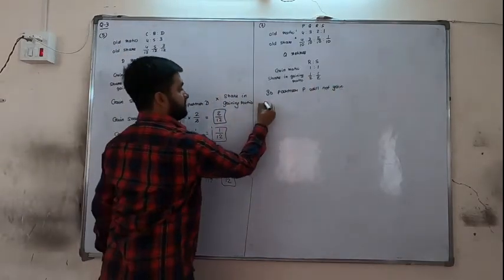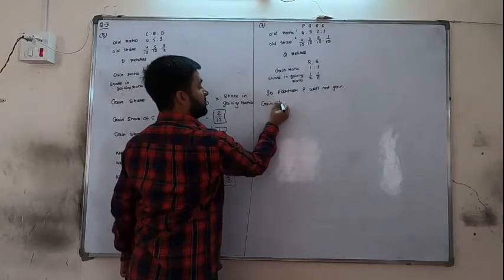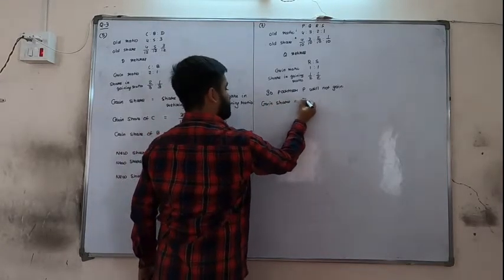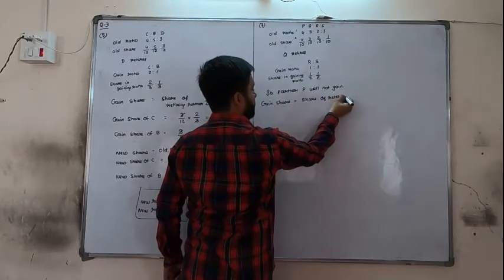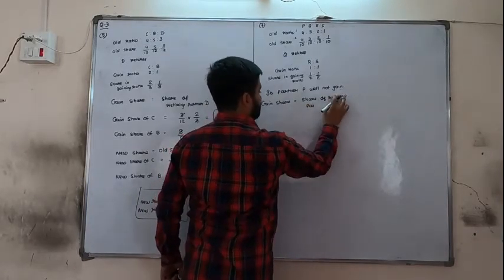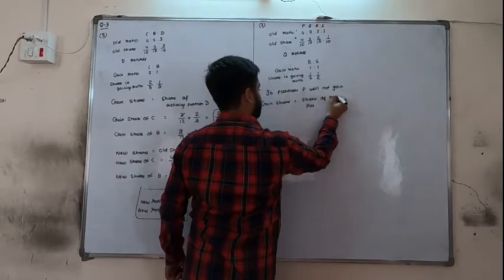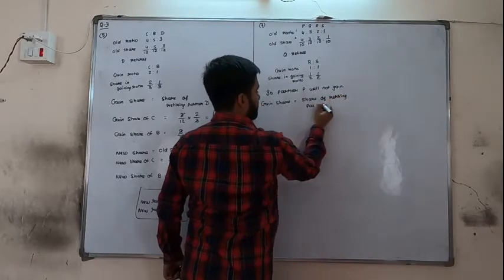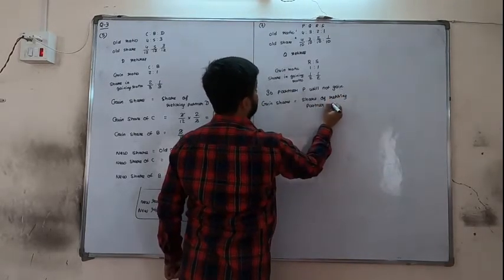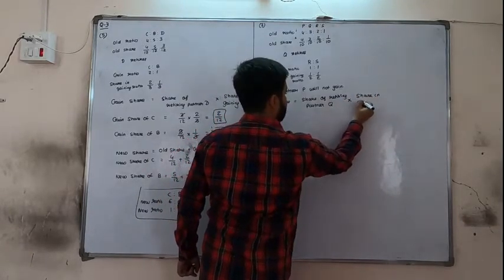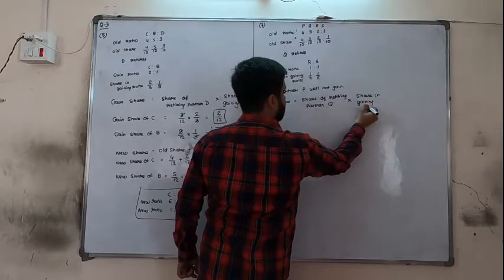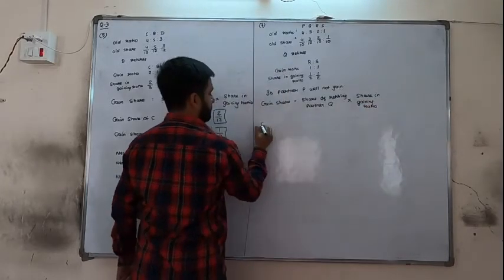Now first step is to find the gain shares. So gain share is equal to share of retiring partner Q into share in gain ratio.